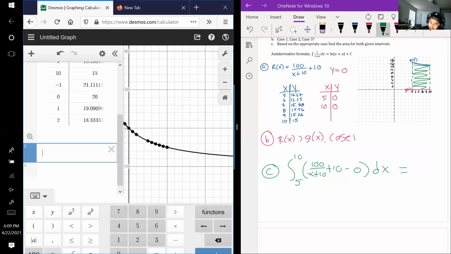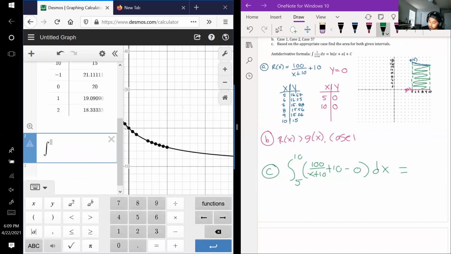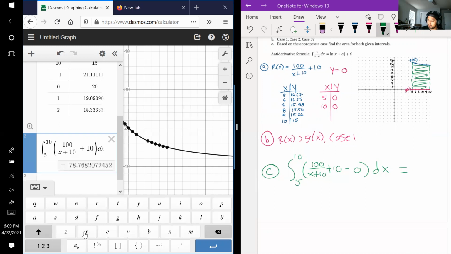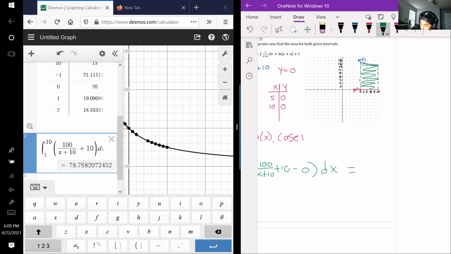So on Desmos, I'll type this integral in from 5 to 10 of fraction 100 over x plus 10, plus 10. Close parentheses with respect to x, and we get 78.76. Okay.